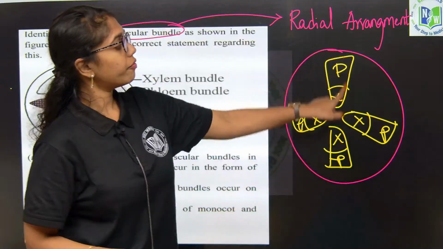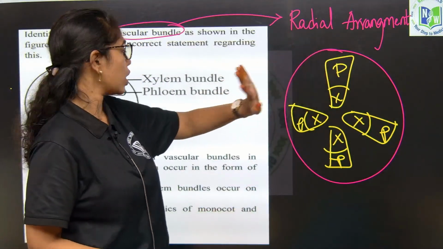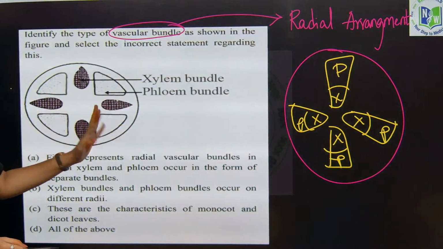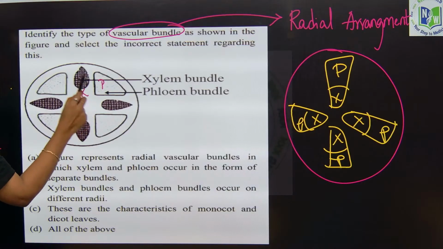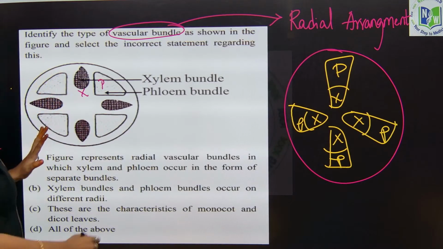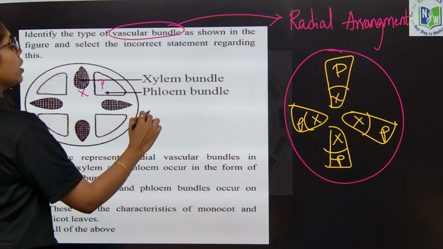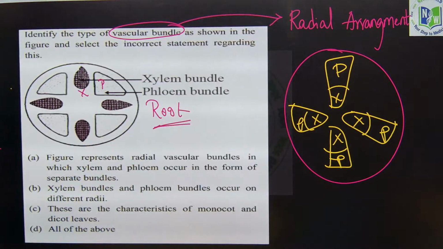When xylem and phloem are at the same radius, you call it conjoint vascular bundle arrangement, whereas this is the radial vascular bundle arrangement where xylem and phloem are at different radii. So, with respect to radial vascular bundle arrangement, which is seen in the roots of both dicot and monocot, we have to identify the right answer.